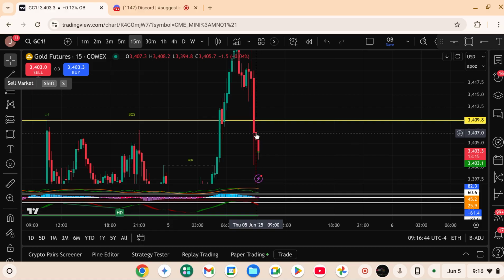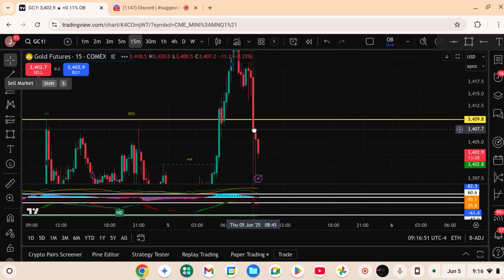If you're looking at a bullish rejection candle, this one ain't the rejection I was looking for.